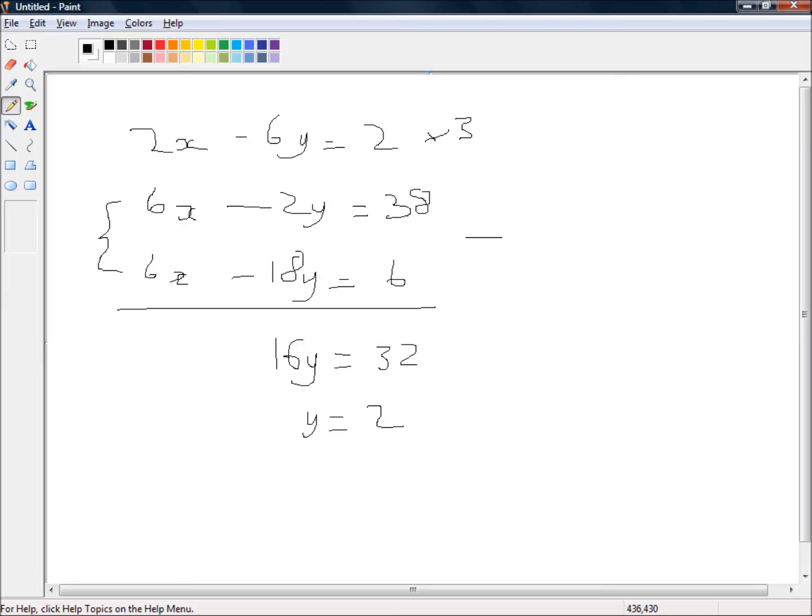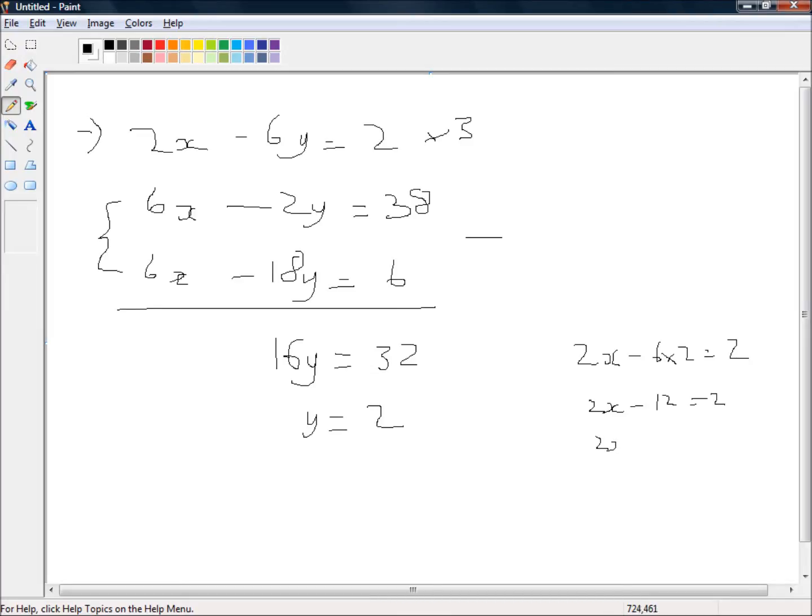Now we substitute the y equals 2 into one of the above equations, and I think this one's the easiest. So 2x minus 6 times 2 is equal to 2. So 2x minus 12 equals 2.